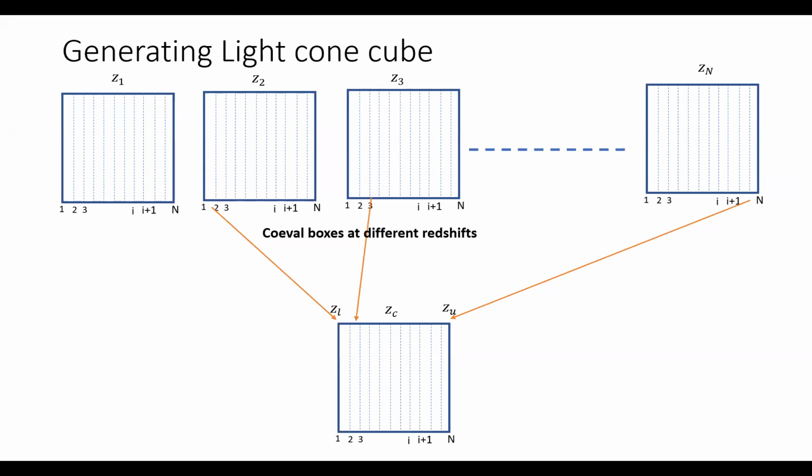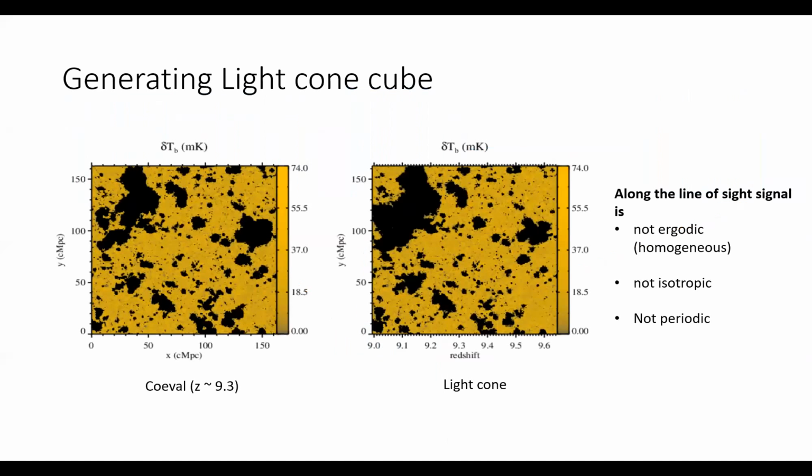Okay, so I think let's move on. Okay, now this is one of our results. The left panel is basically your coeval box. The box is entirely simulated at one redshift. And then the corresponding light cone map is the right panel.